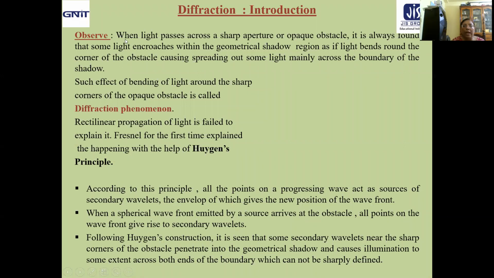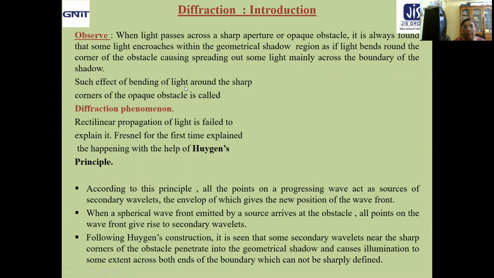Now, when light passes across a sharp aperture or opaque obstacle, it is always found that some light encroaches within the geometrical shadow region, as if light bends round the corner of the opaque obstacle, causing spreading out of some light mainly across the boundary of the shadow.